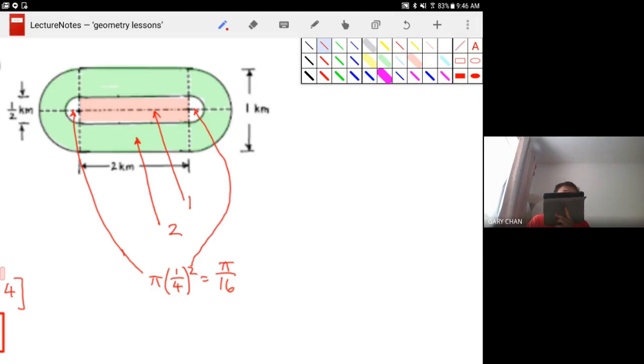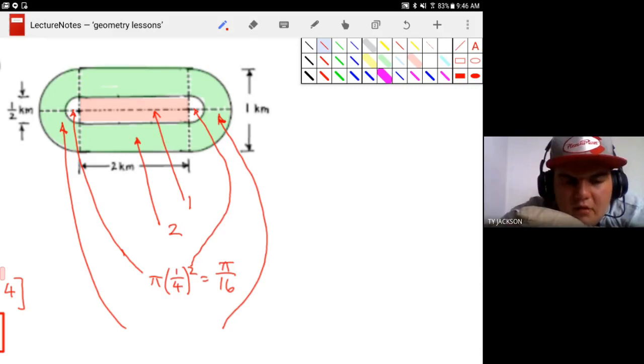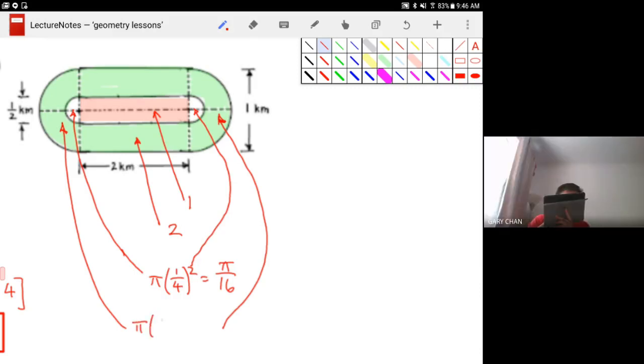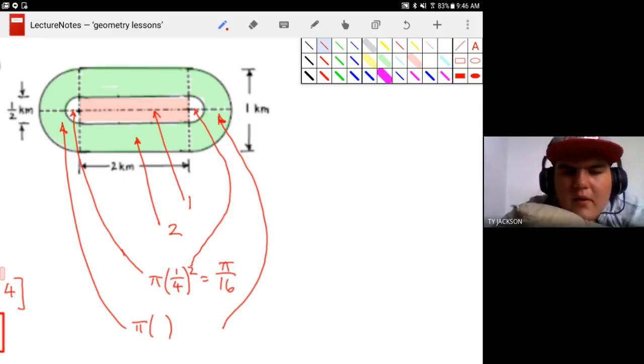Okay. And we're almost there. We have these semicircles to contend with now, right? What's the area of those combined together? What's the radius? The radius is 1/2. That's pi over 4.